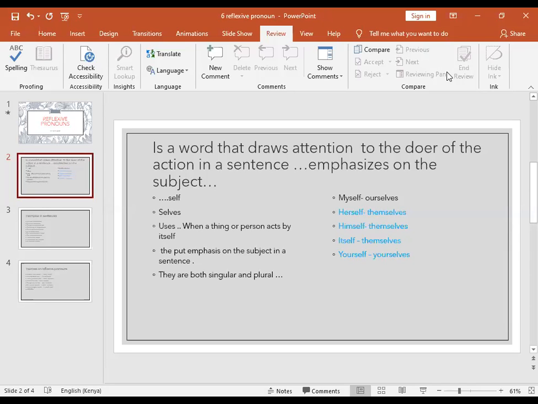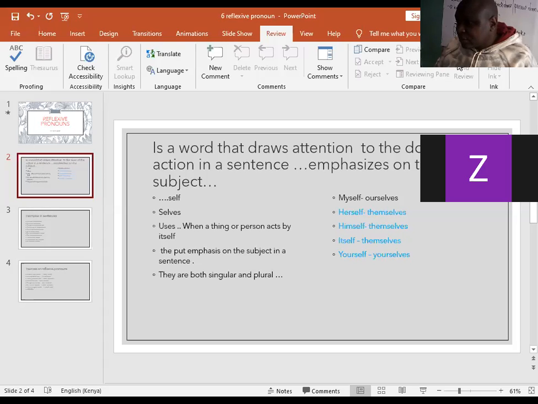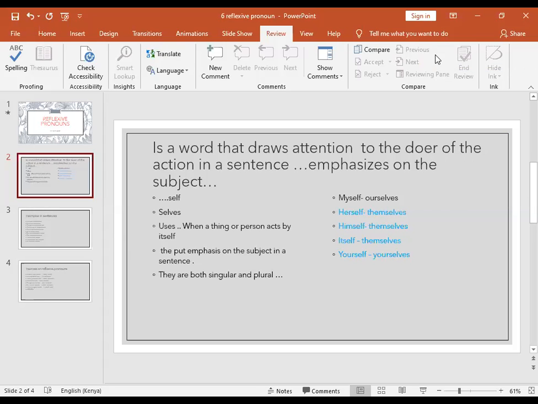Now, let me look at the word reflexive. This reflexive pronoun is a word that draws attention to the doer of the action in a sentence. Let me break it down.